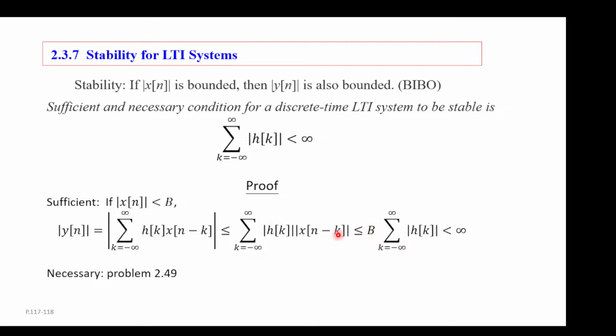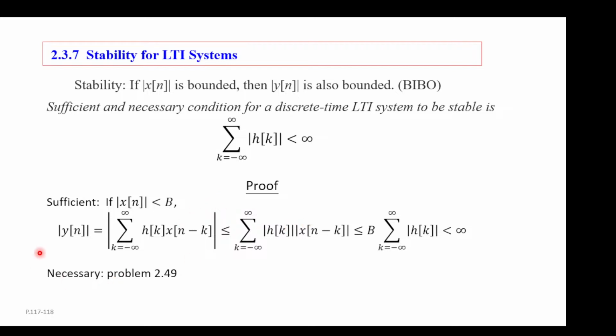Then we have the summation over k of the absolute value of h[k] here. Finally we use this assumption, which says that the summation of the absolute value is finite. So here is some finite B times some finite value, and the total thing is finite. So we prove that this is sufficient for your system to be BIBO: a bounded input gives a bounded output.